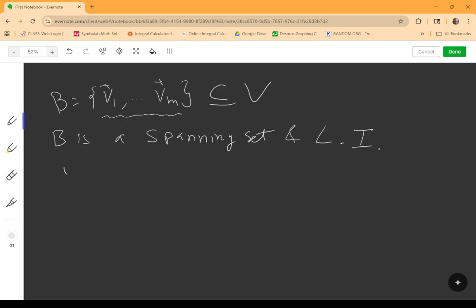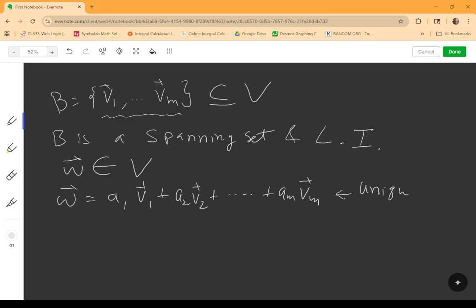And now I have this vector w, which is in V. Now, if w exists in V, it means that w can be written as a linear combination of the vectors in B. And then it said this is a unique representation. So that's what the theorem is saying.